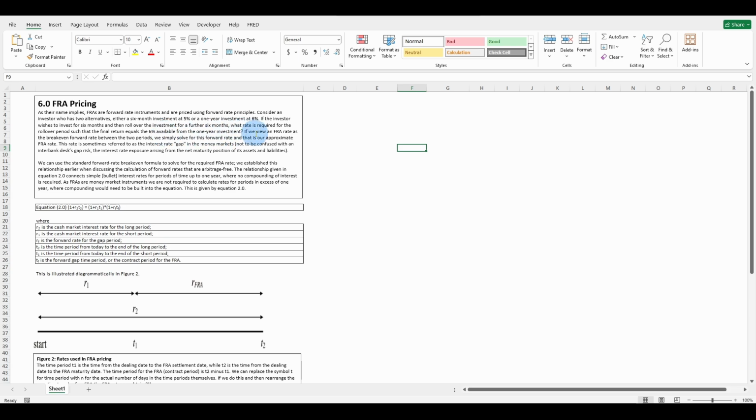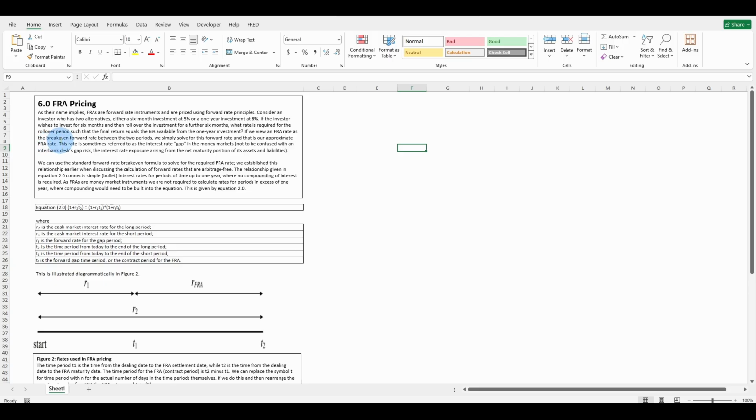If we view an FRA rate as the break-even forward rate between the two periods, we simply solve for this forward rate, and that is our approximate FRA rate.